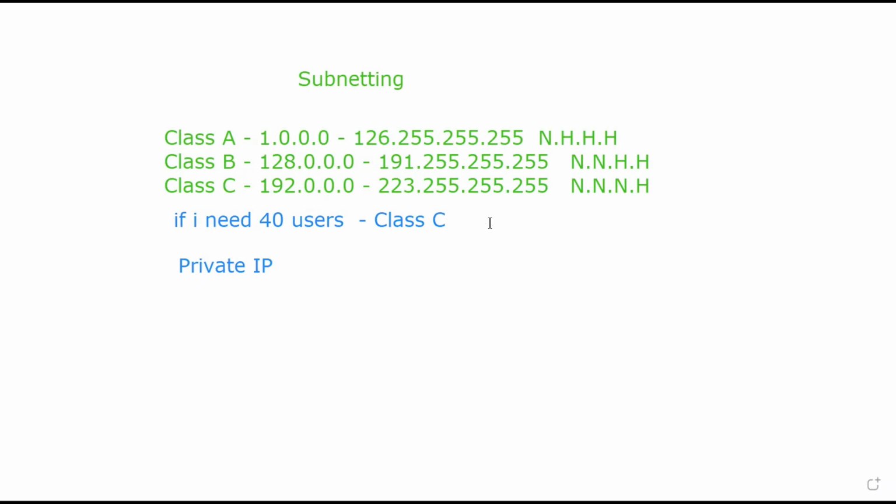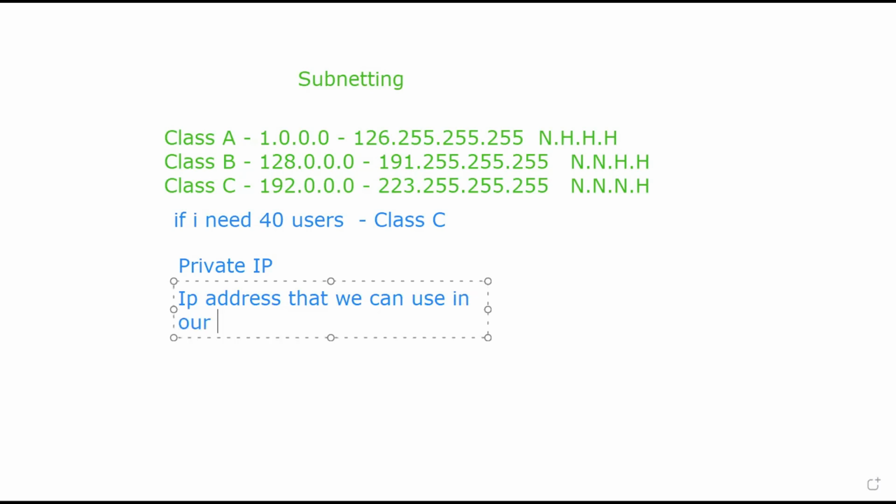A private IP is the IP address that we can use in our local area network, right?